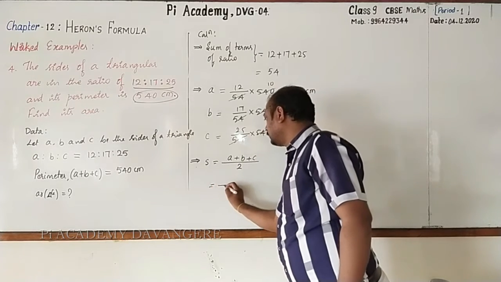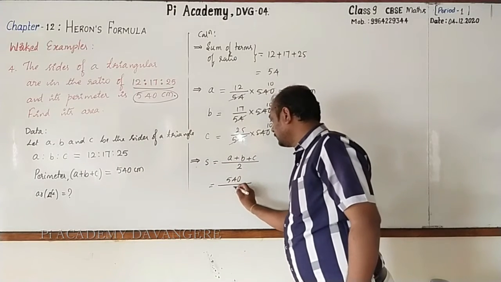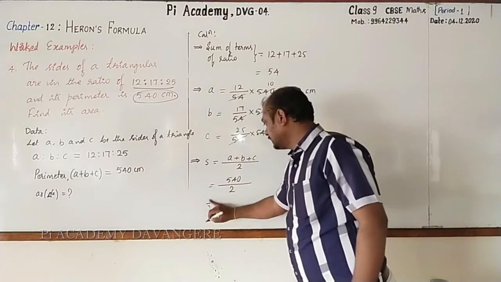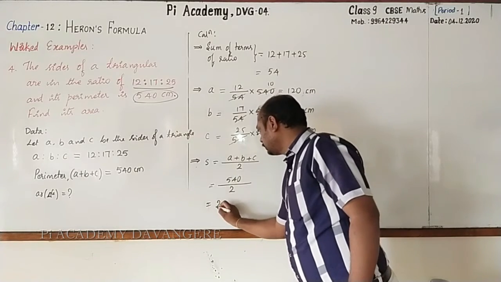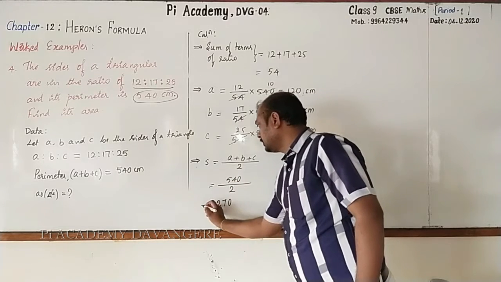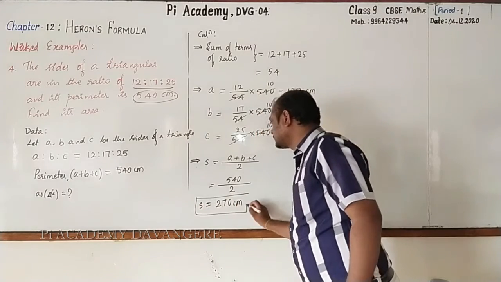This is 540 by 2, which is 270 centimeter. This is the semi-perimeter.